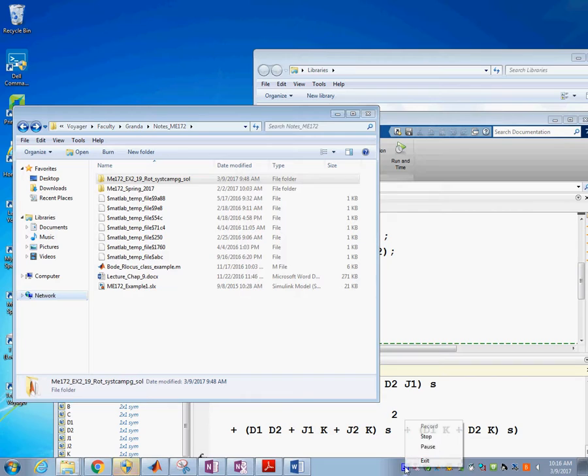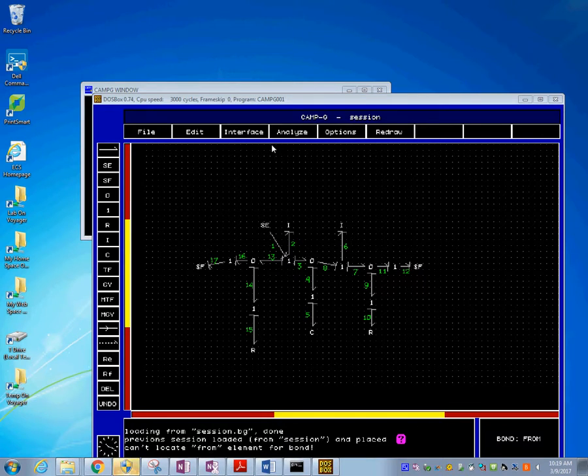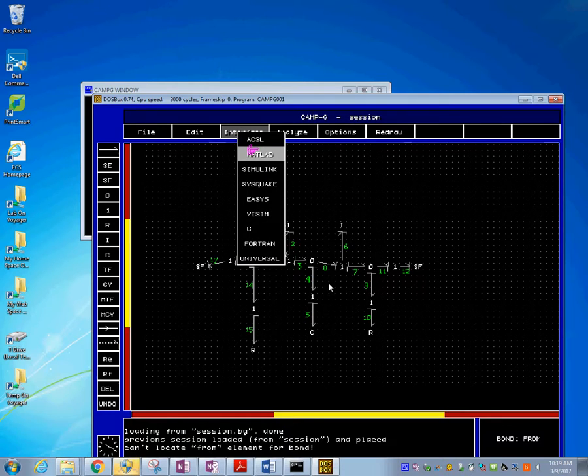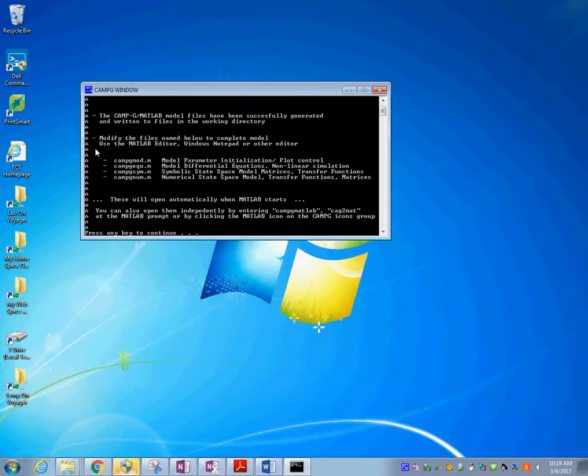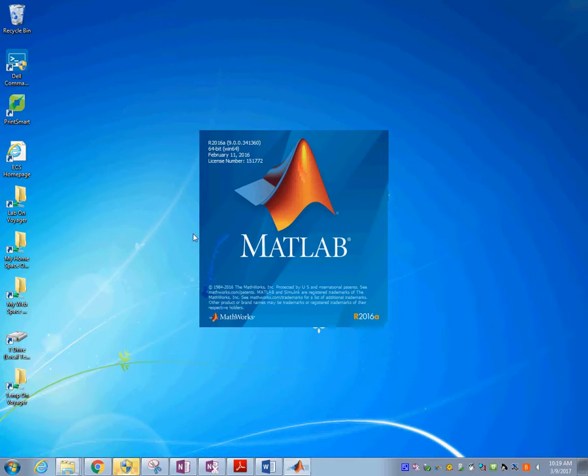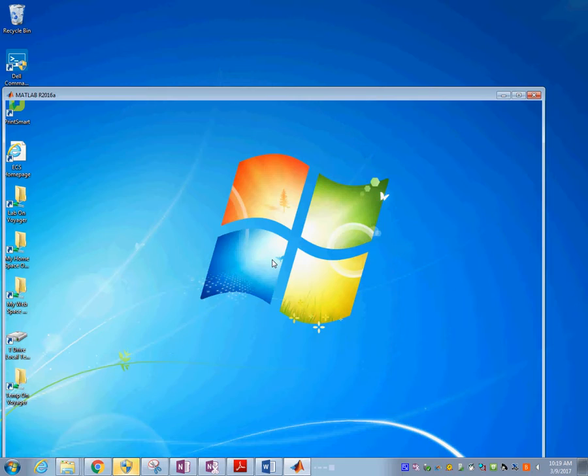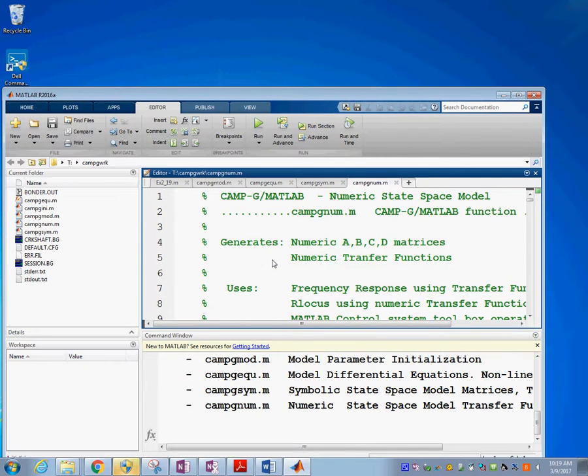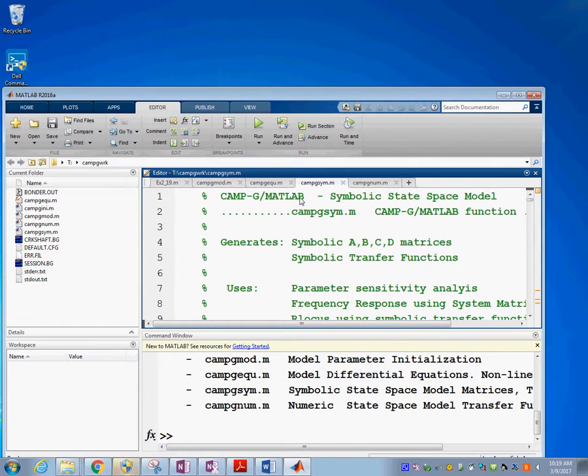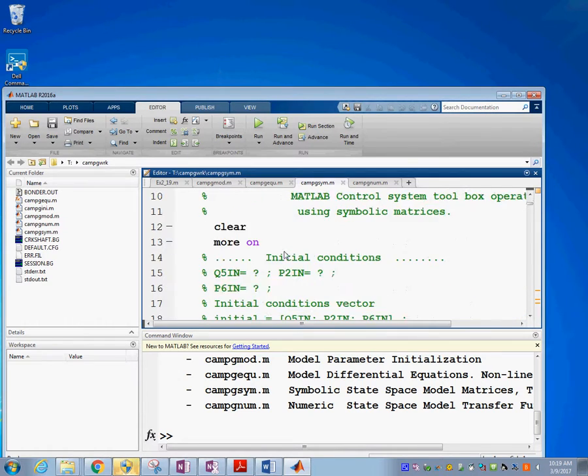Okay, we go to the interface now, to MATLAB, and we get the two programs talking to each other. CAMG will deliver these files to MATLAB, particularly this file called CAMGSYM, which stands for the symbolic file. This is the one that we use for transfer functions.